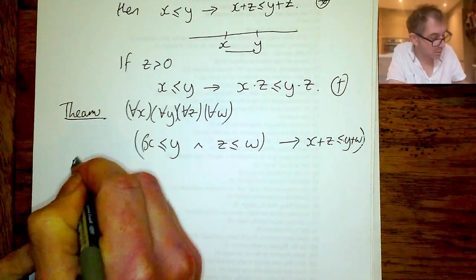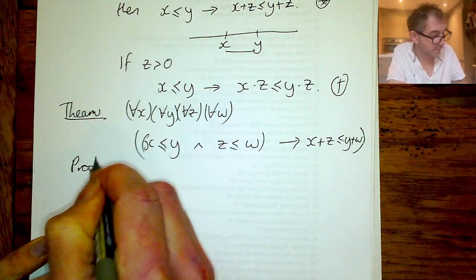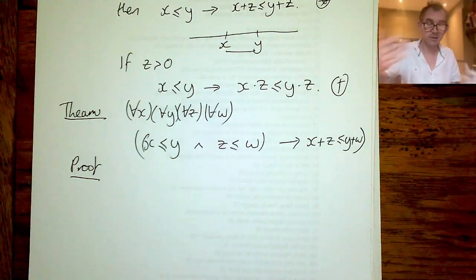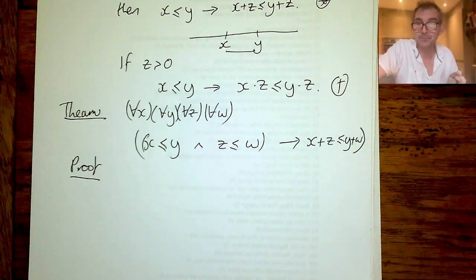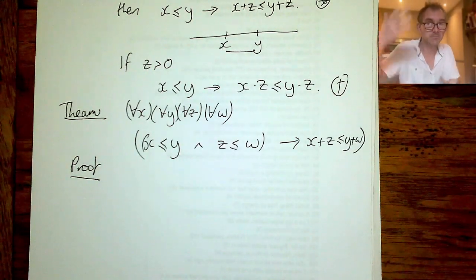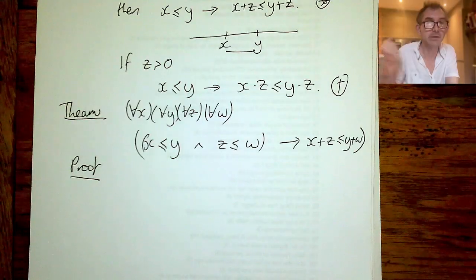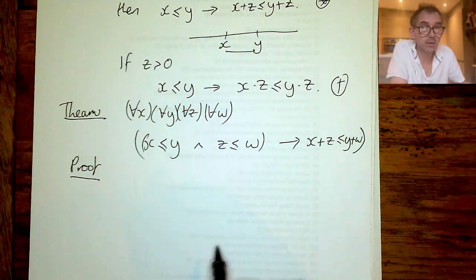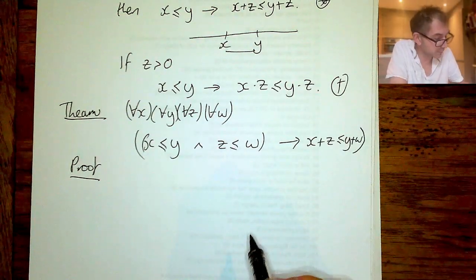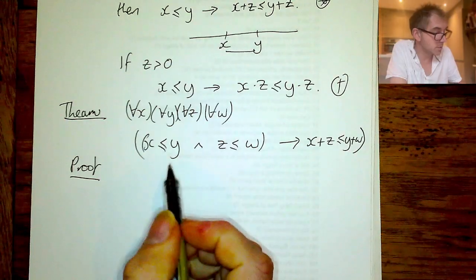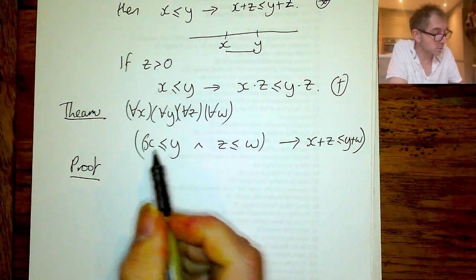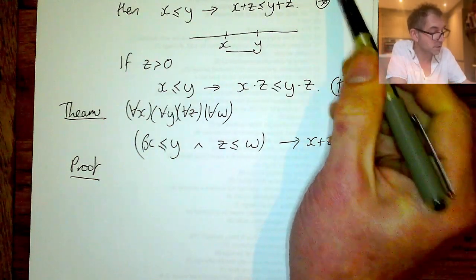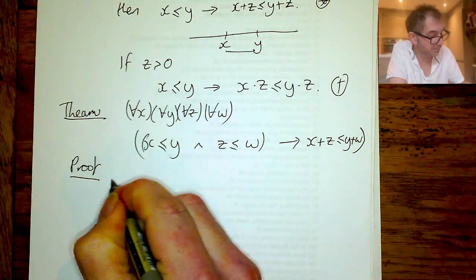So go straight in with a proof. I'm not going to be very careful about telling you when modus ponens is being used, but you can go through and see that we're using it all the way along the line. The first thing to do is to use the property that we've got here, star.